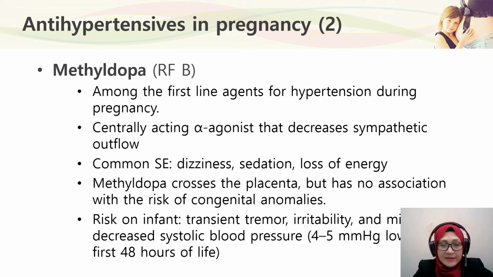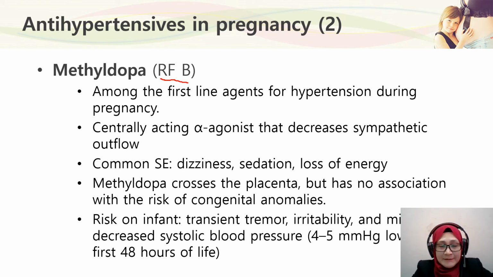For methyldopa, this is pregnancy risk factor B. If you know the US FDA, they developed the pregnancy rating scale of A, B, C, D, and X for all the medications according to their risk on the fetus. But this rating is actually outdated because they have replaced it with another type of labeling regulation. But it's just for us to refer to if we want to know the level of safety of any medication.